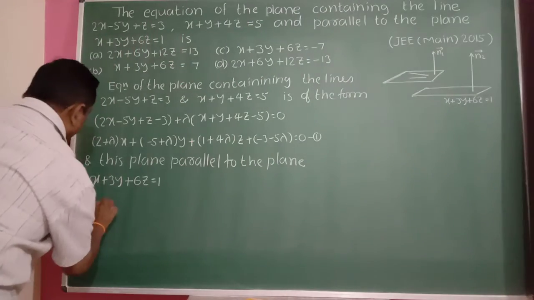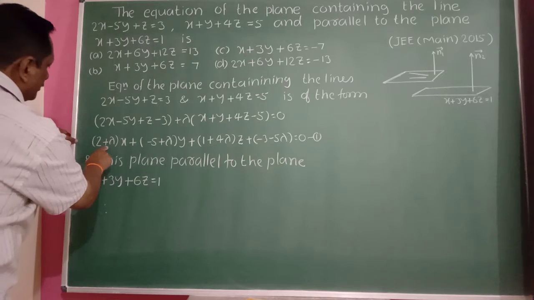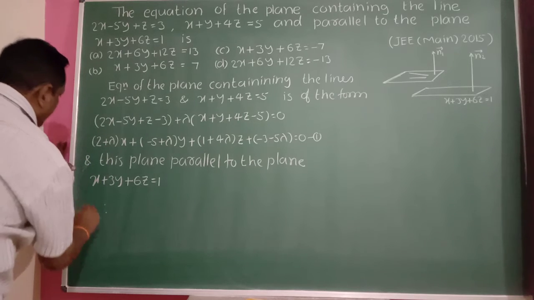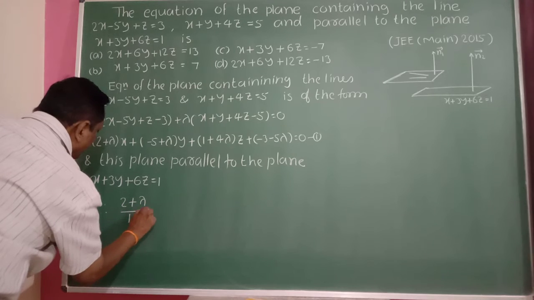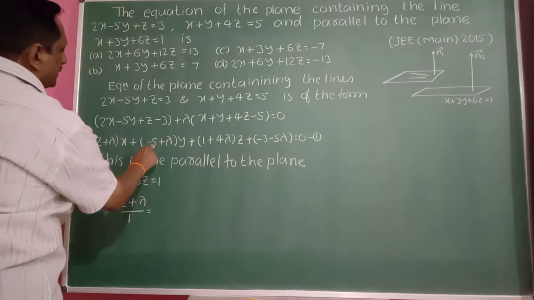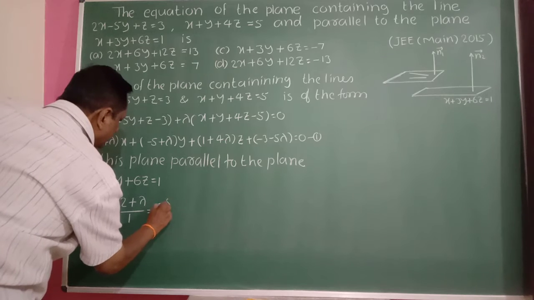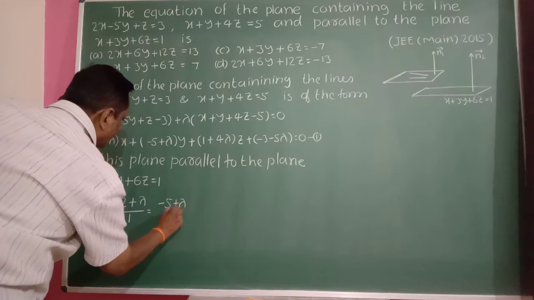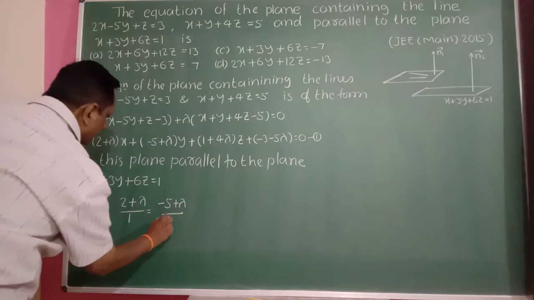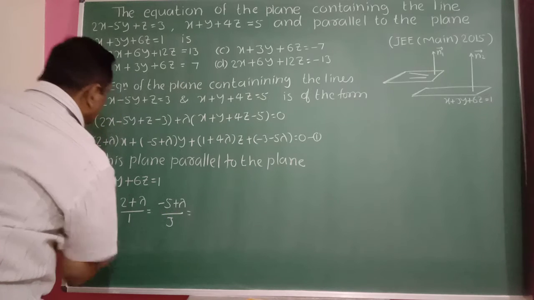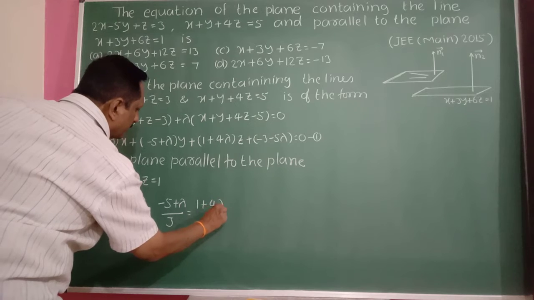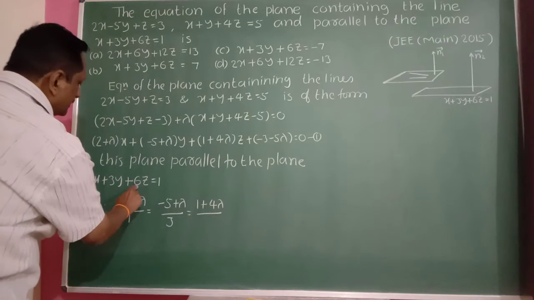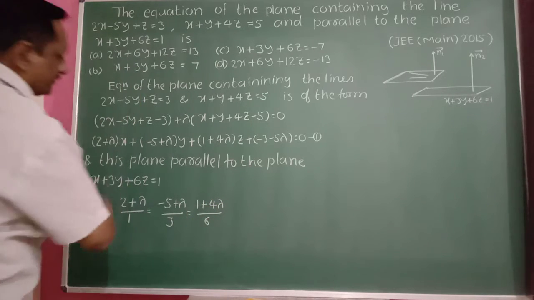Therefore, the direction ratios are proportional: (2 plus lambda) divided by 1 is equal to (minus 5 plus lambda) divided by 3, is equal to (1 plus 4 lambda) divided by 6.